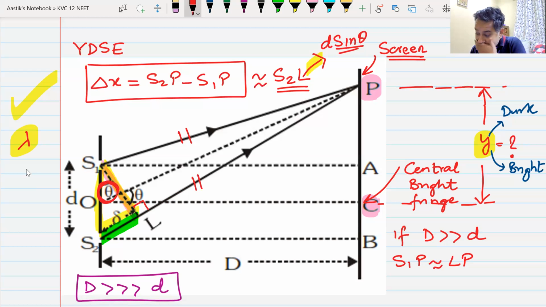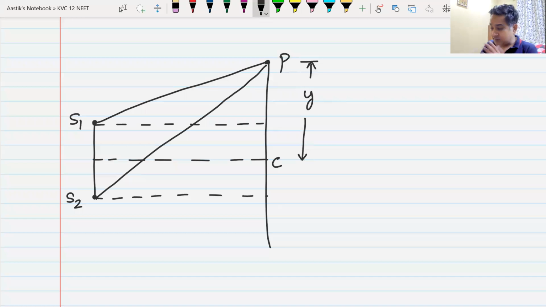Have you noted it down, beta? Yes, sir. Okay, so what I mean to say was this is the same diagram.